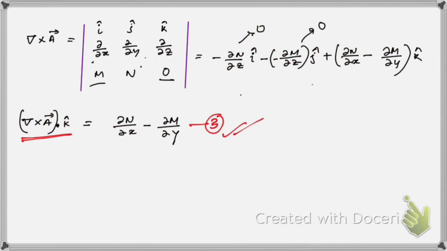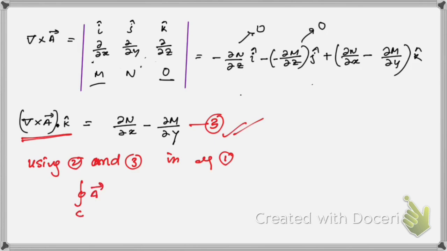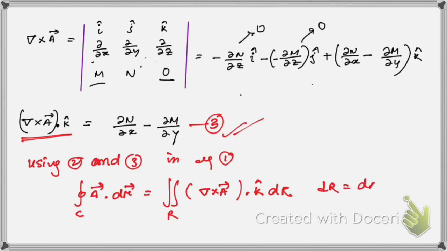So using equation number 2 and equation number 3 in equation number 1, we will get the closed integral of A dot dr is equal to the integral over R of curl of vector A dot k cap dR. That is what we needed to prove, where dR is nothing but your dx into dy.